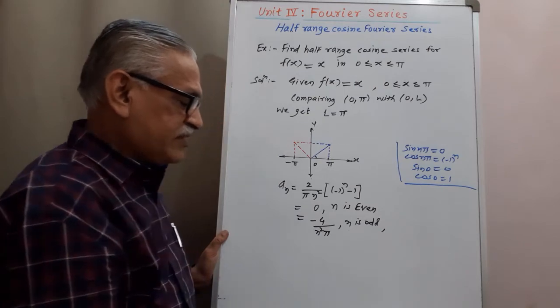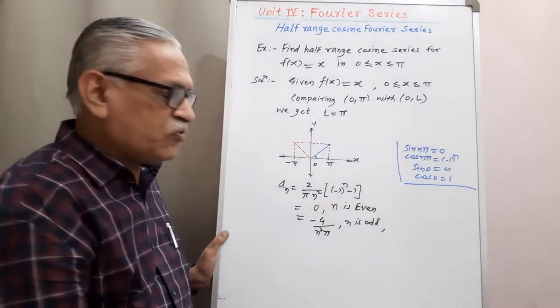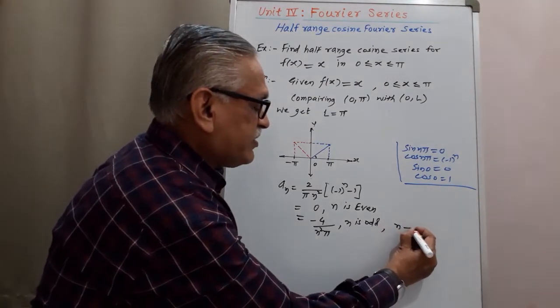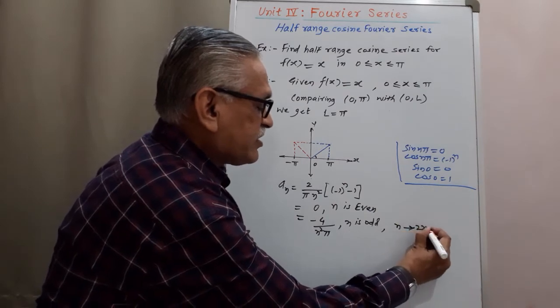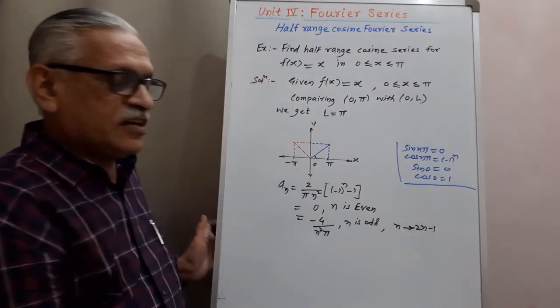And as it exists for odd values only, we have to replace n by its general term, and its general term is 2n minus 1.